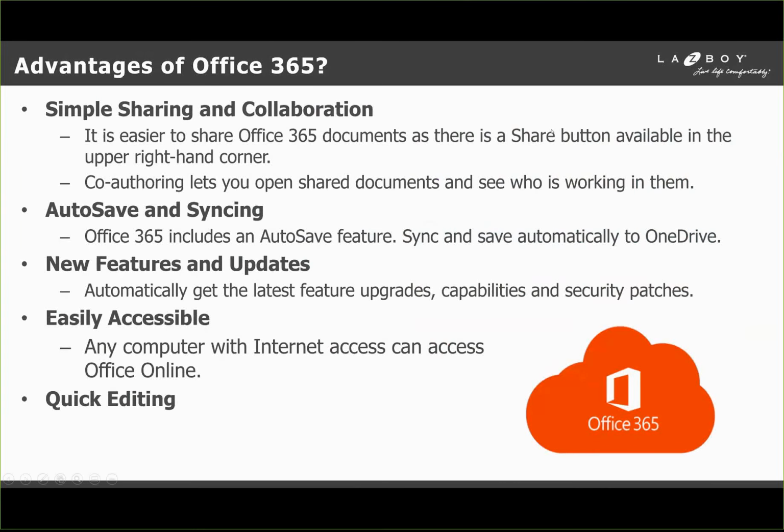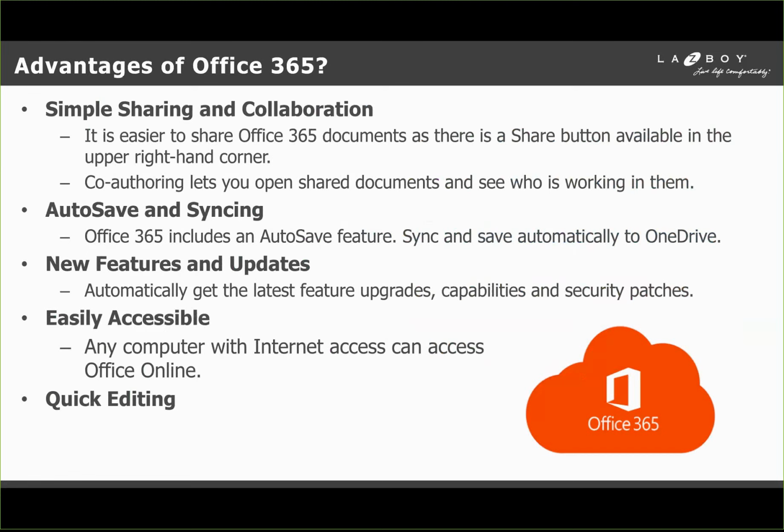Okay, so some advantages of 365. The biggest change that Microsoft made was the sharing and collaboration piece. What they're basically doing is all the Office products are leveraging a cloud storage program called OneDrive. If you utilize OneDrive, you can utilize a lot of these new features.